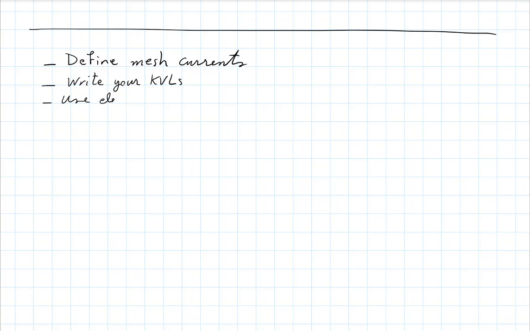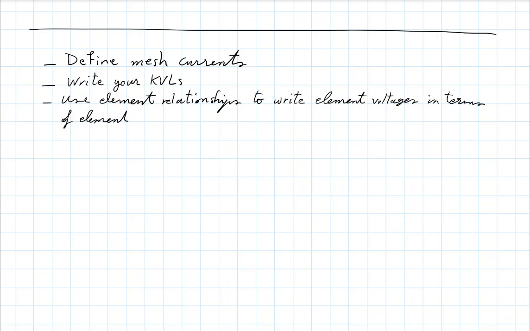Use element relationships to write element voltages in terms of element currents, and then element currents in terms of mesh currents.